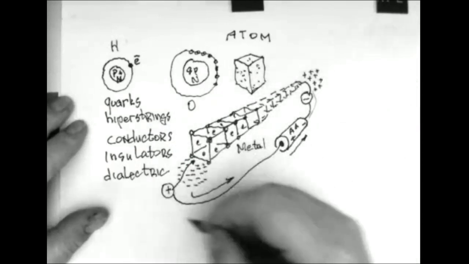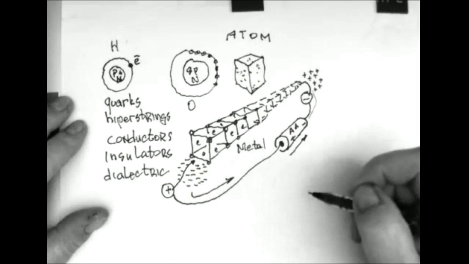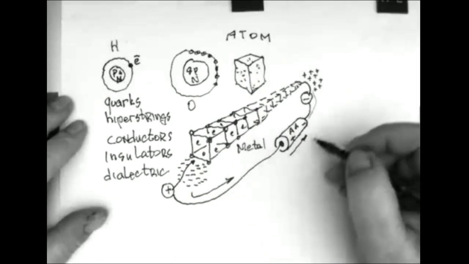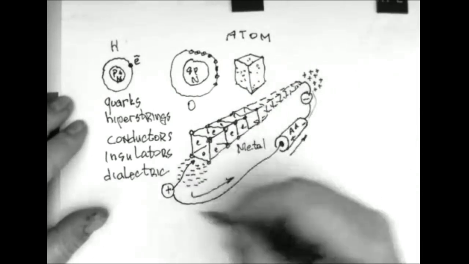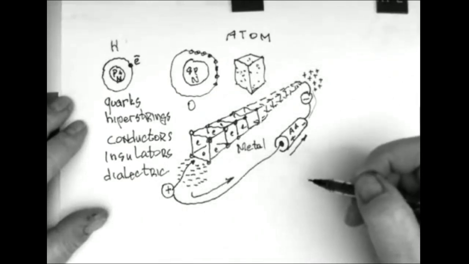This motion will be active until the battery juice is active. You know, when the battery is weak, the electrons will not be in motion anymore.